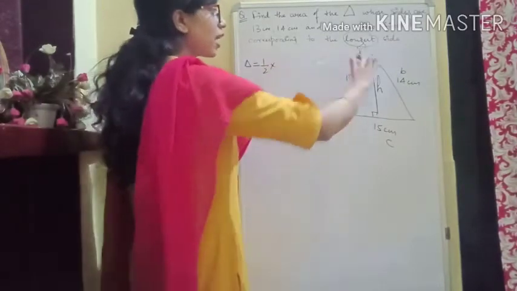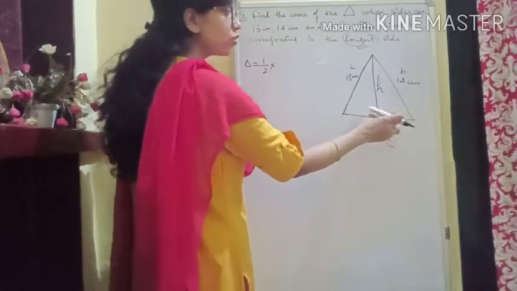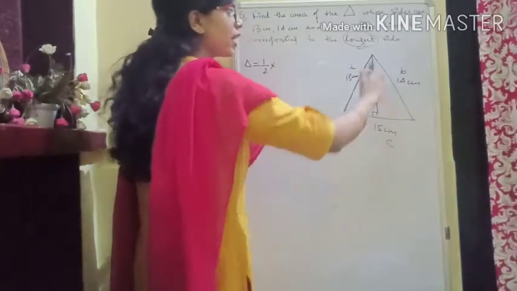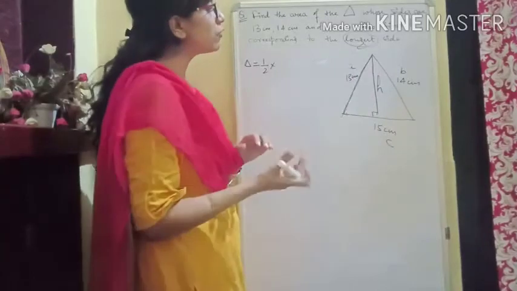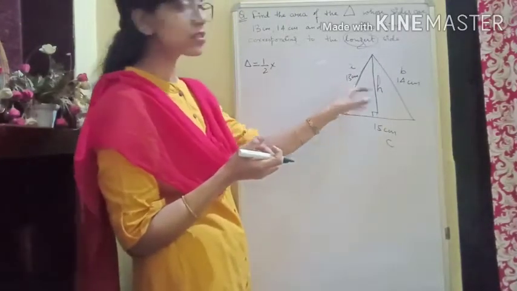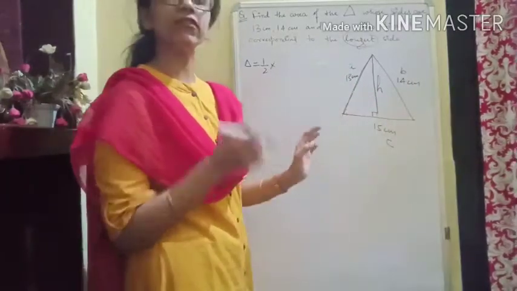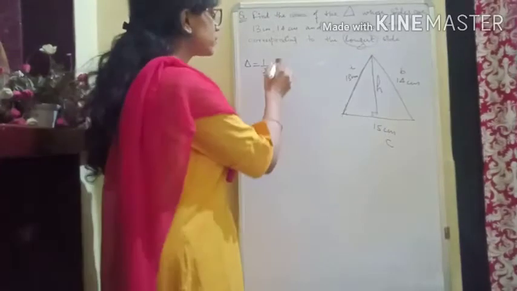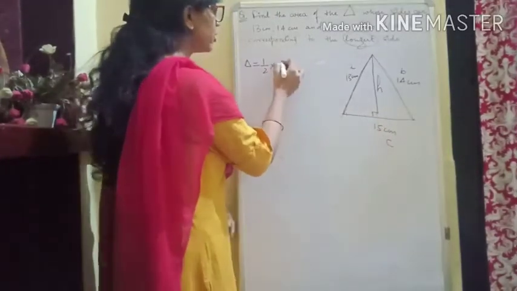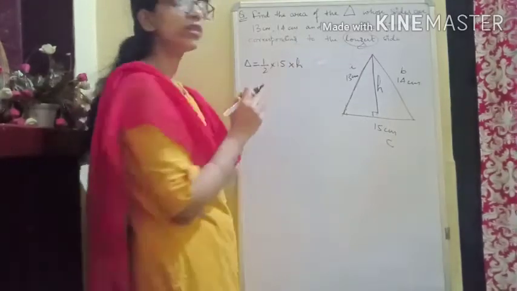This side we will take as base, and this is our height. If we were asked to take the smallest side, we would have taken that one, 13, as base, and then whatever perpendicular we have drawn, we would have taken that as height. So base this time would be 15, and height we do not know, this is what we have to calculate.